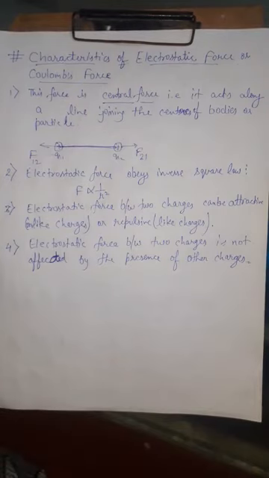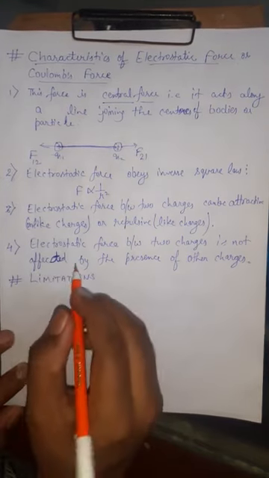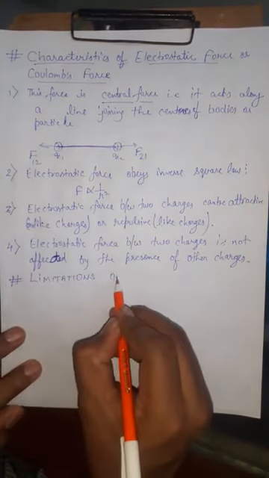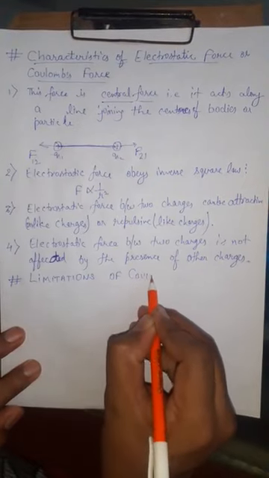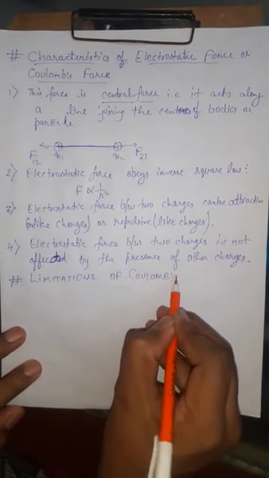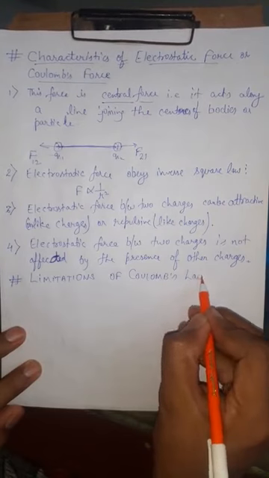So these are some of the characteristics of electrostatic force. Now there are some limitations. There is always a good side and a bad side, so what are the drawbacks or limitations of this electrostatic force or Coulomb's law? We will go through it now. Limitations of Coulomb's law.